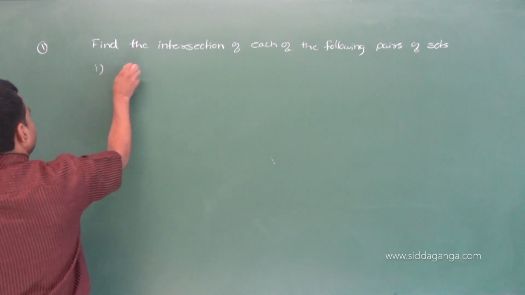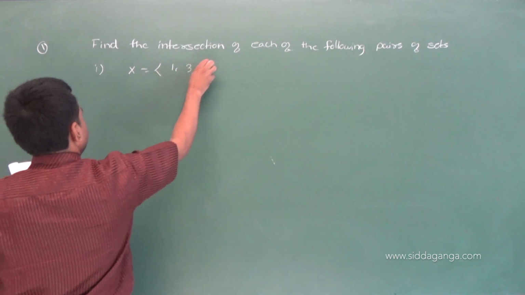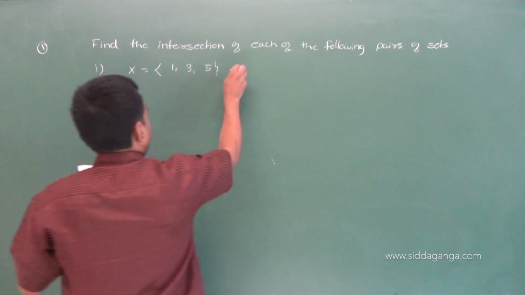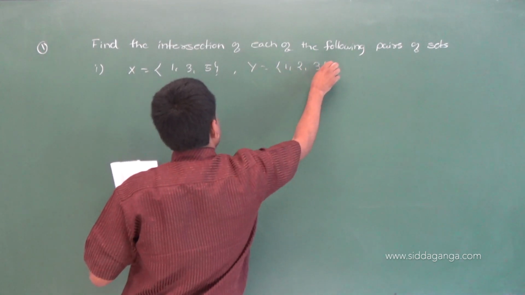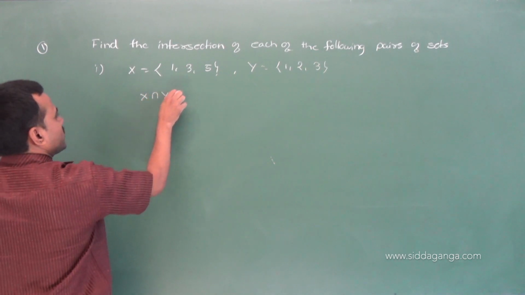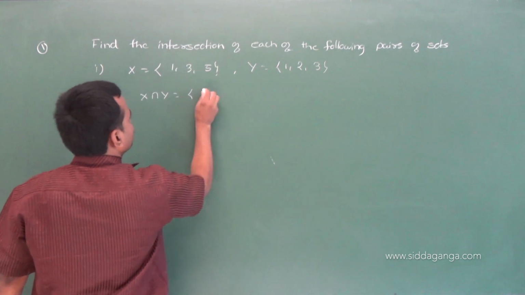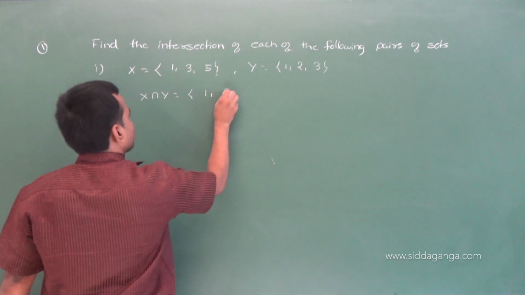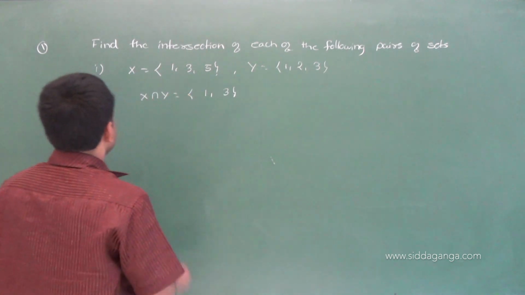First question, X is equal to {1, 3, 5}, Y is equal to {1, 2, 3}. So X intersection Y, the common elements present in both sets: 1 is present, 3 is present. Understand? {1, 3}.